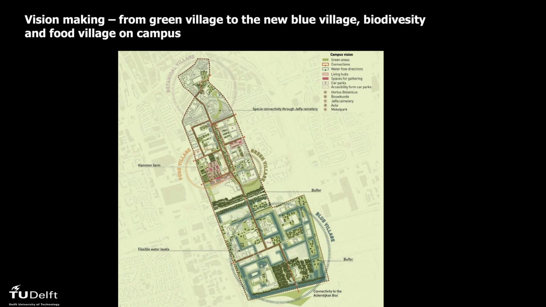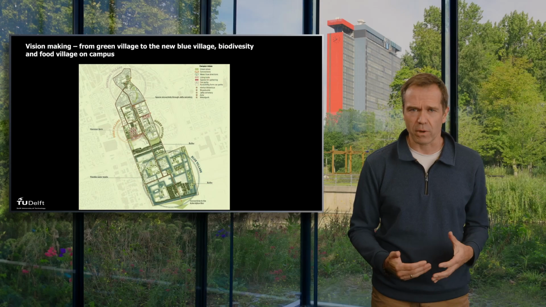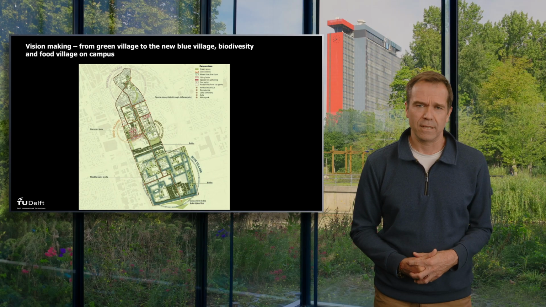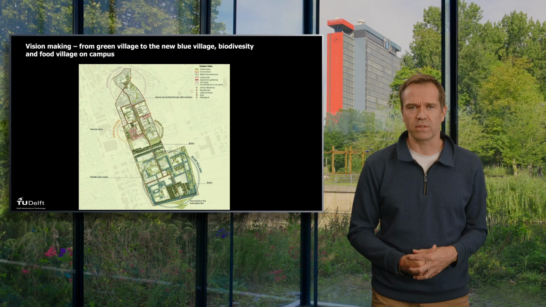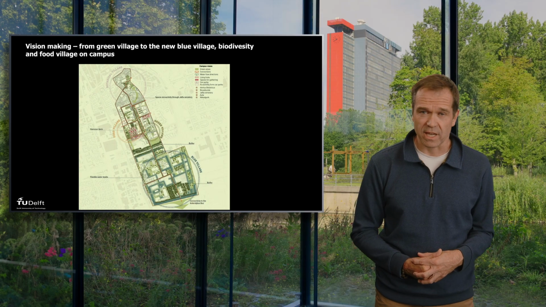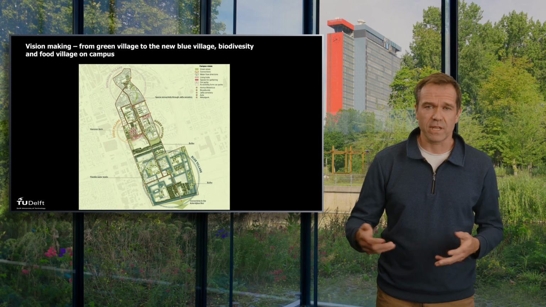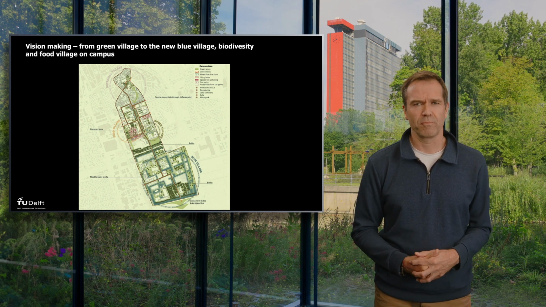But of course there are also other forces like people and entrepreneurs who are active in the Green Village. Our idea was also to create an innovative Blue Village in the lower parts of campus, testing ideas on living with and on the water, or a biodiversity village in the Hortus Botanicus, and a food village actually near the old 17th century farm and its grounds on which actually the university has been built.